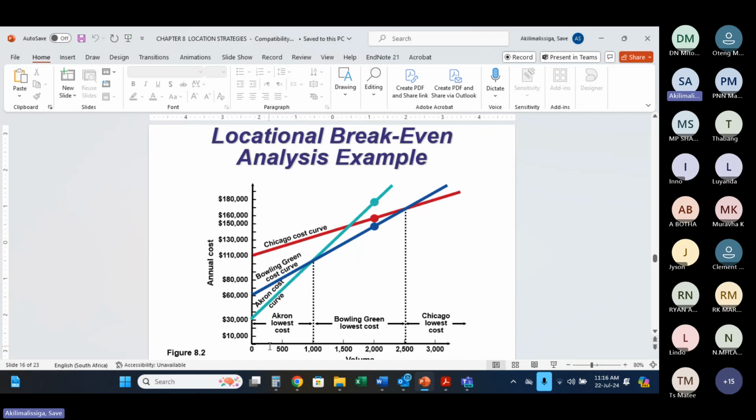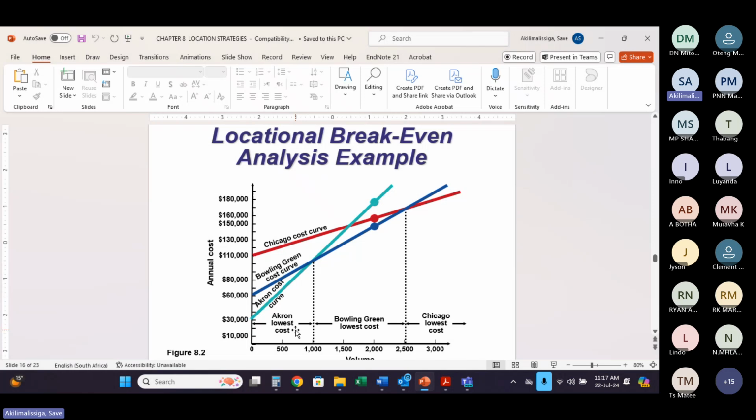Why? Because if you take any values within this range, between 0 and 1,000, obviously greater than 0, all the volumes falling within this range, Akron will be the best location. Why? Because let's say you take 600 units, for instance. 600 units, that is a number here.